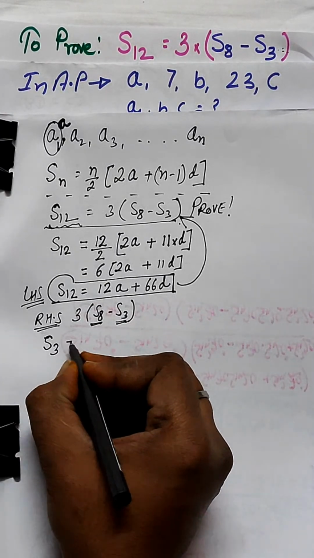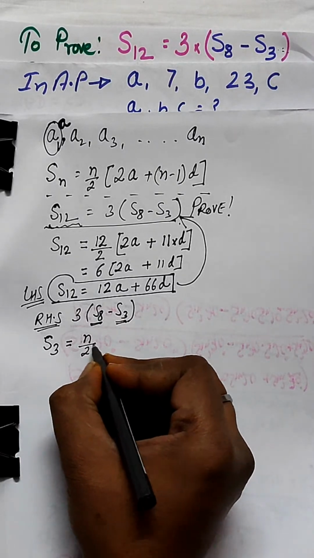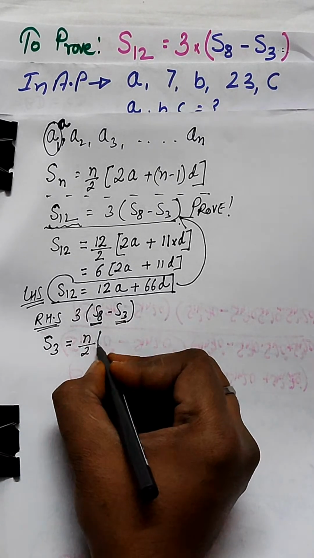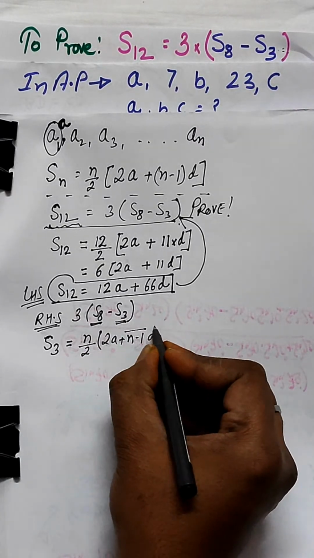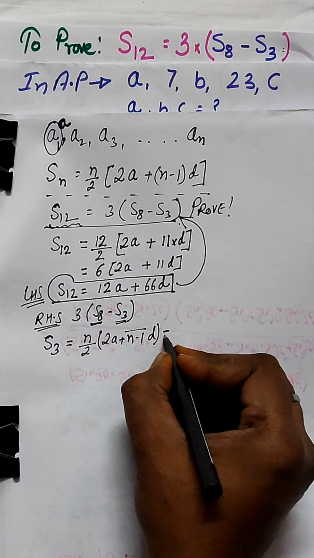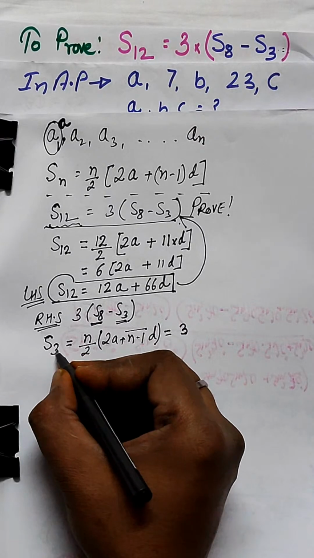So what will be the value of S3? Just put the value into the formula Sn equals n by 2 into (2a plus (n minus 1) into d). Here in place of n it will be 3, because it is S3.